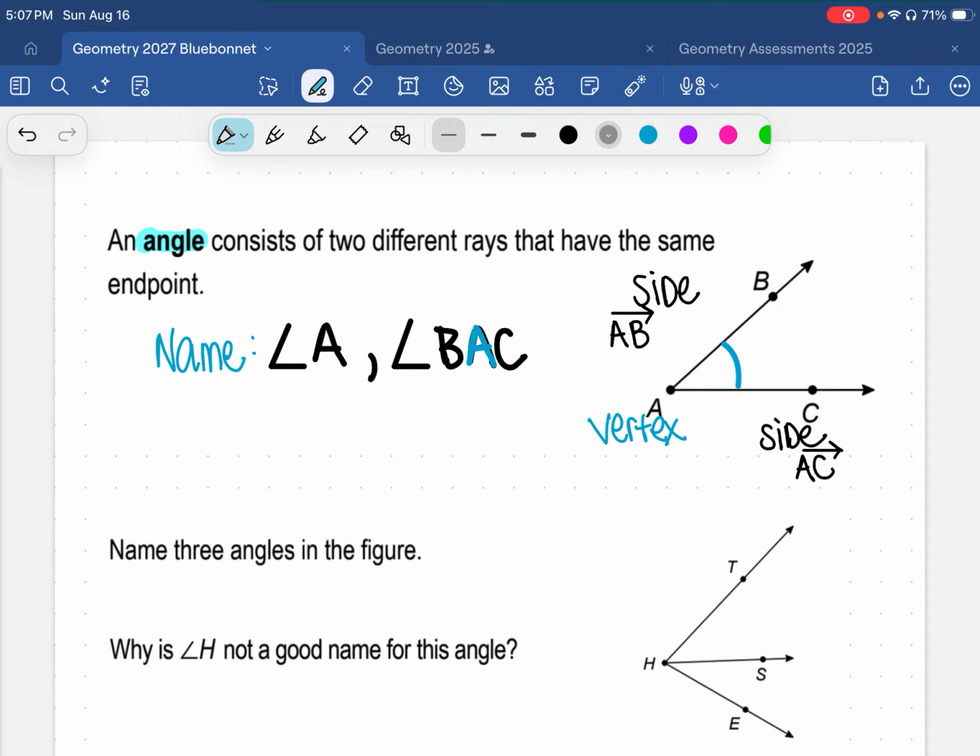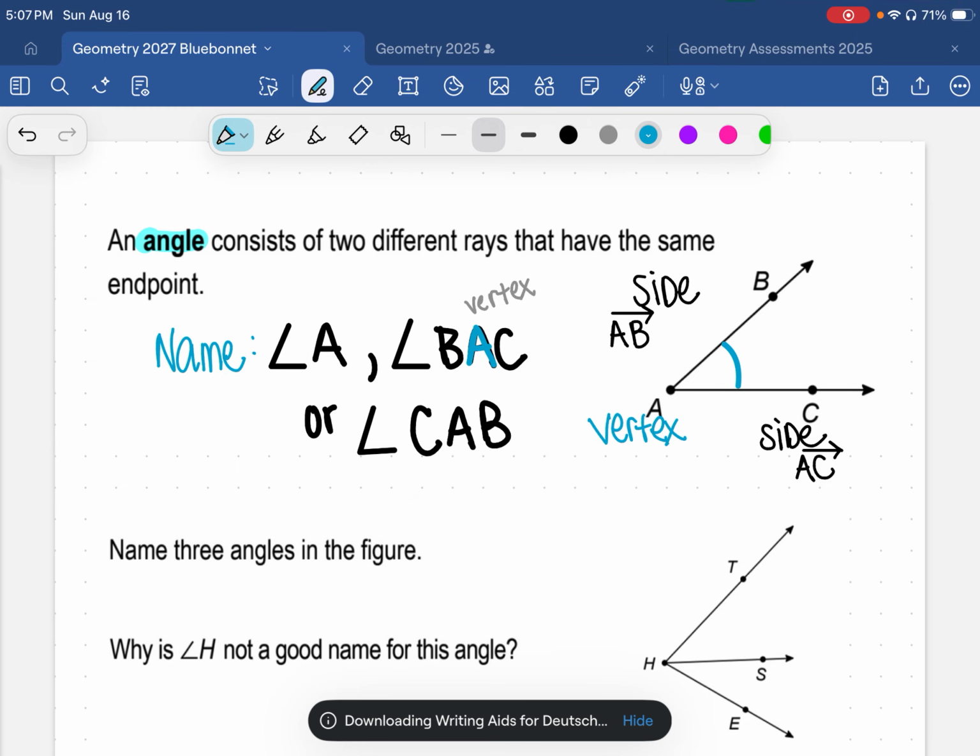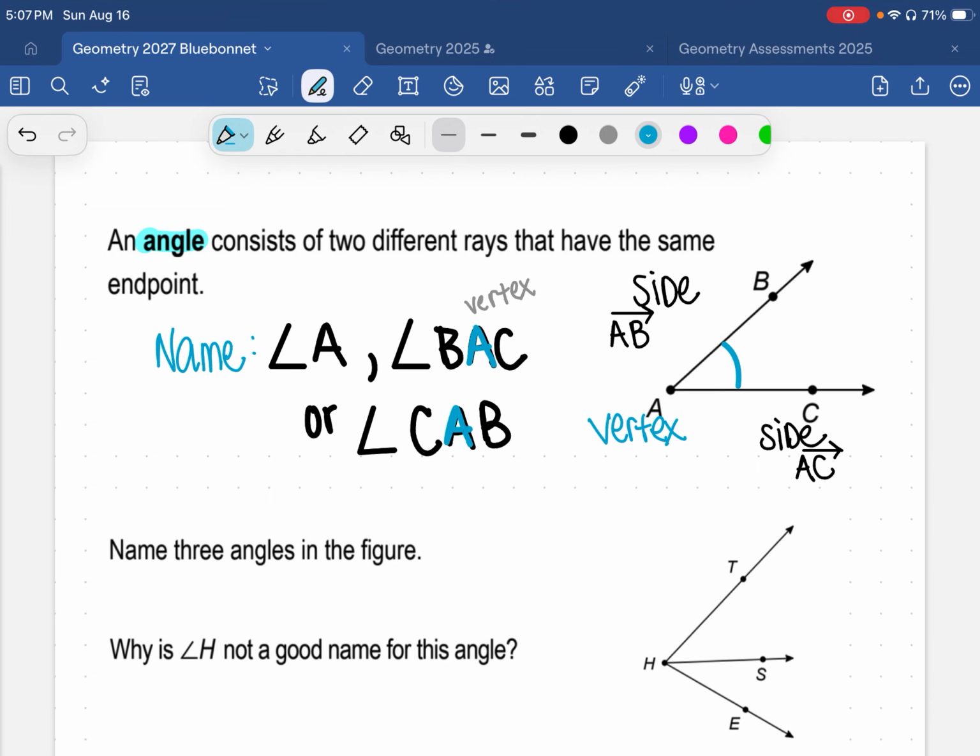And one thing that you could add here is you could add the word vertex. That point there has to be the vertex. Or if you don't like that, you could call it angle CAB, C-A-B. This is perfectly fine as well because we have that vertex right there in the center. It has to be in the center of the 3 points.